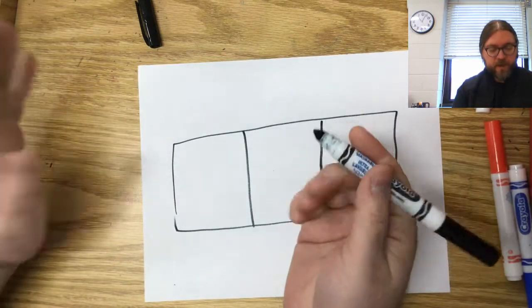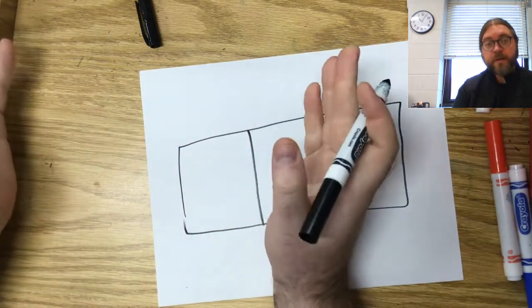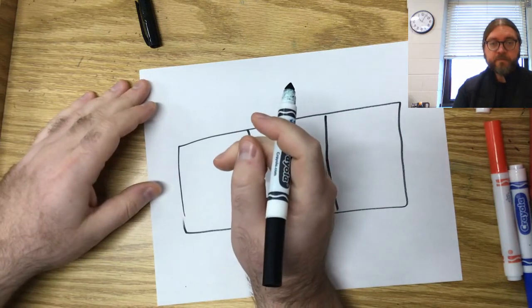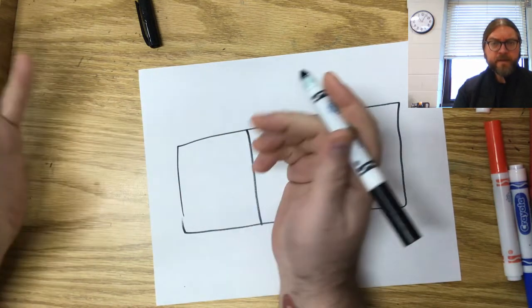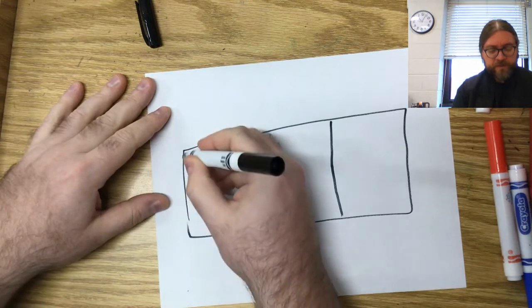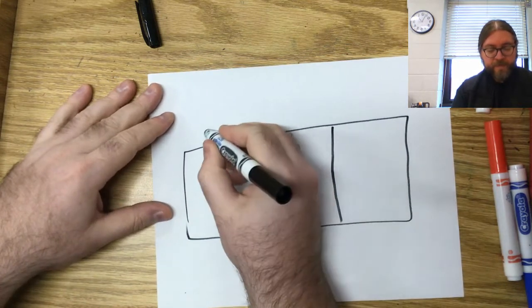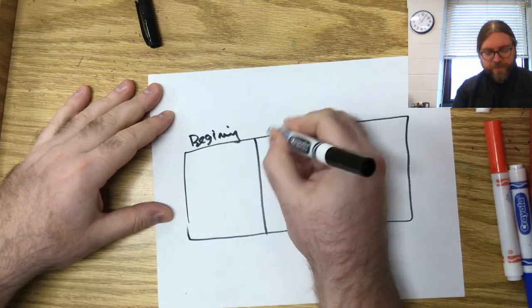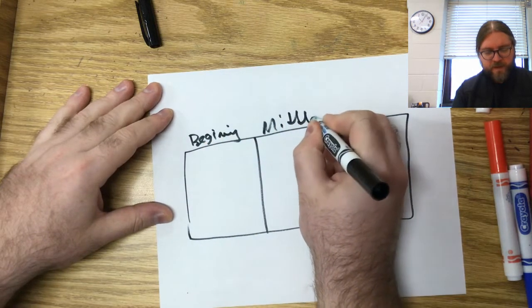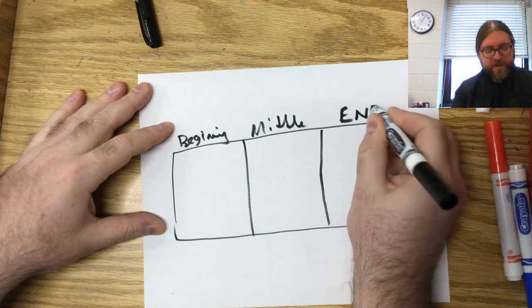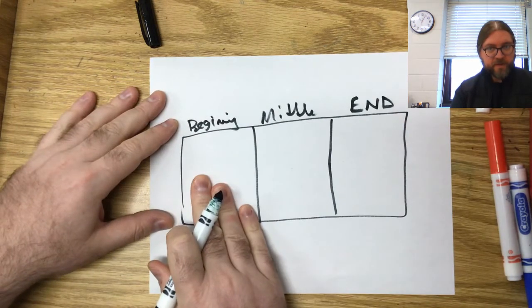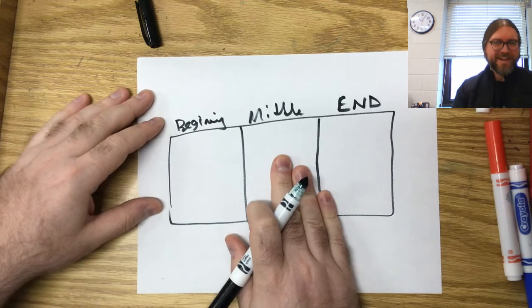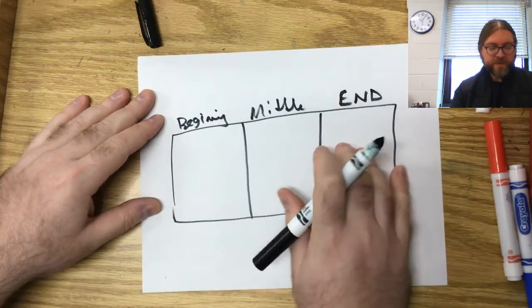So in a 3-panel comic, kind of like you probably learned in your English class, you're going to think about it as having a beginning, a middle, and an end. So something happens, something else happens, and then we get the little joke or the punchline or the end.